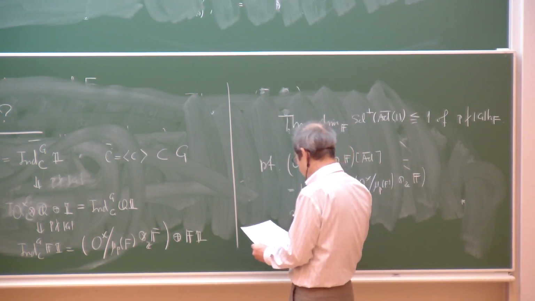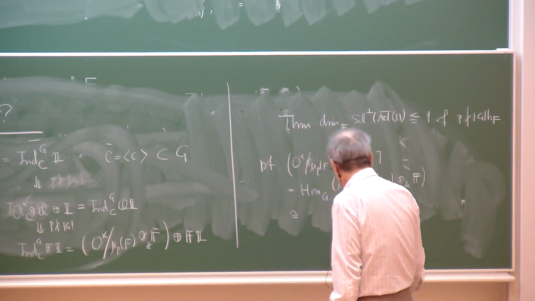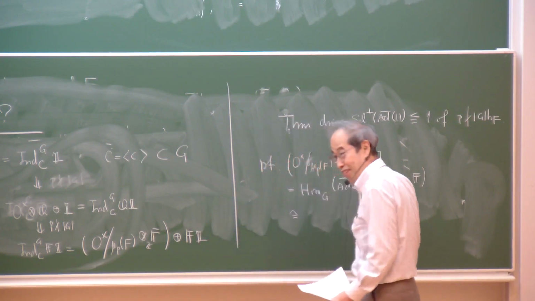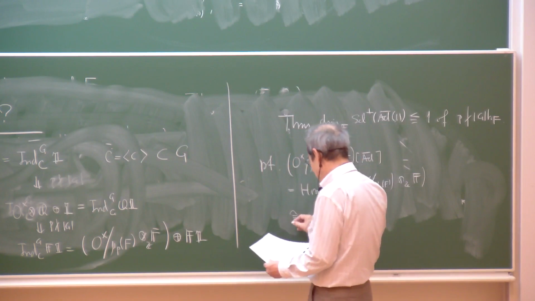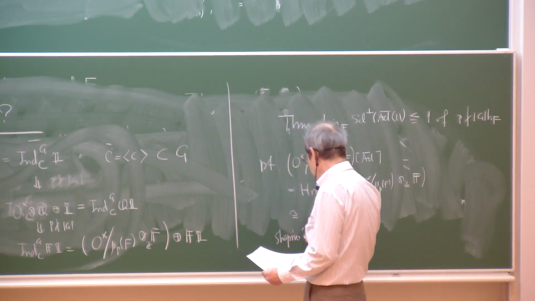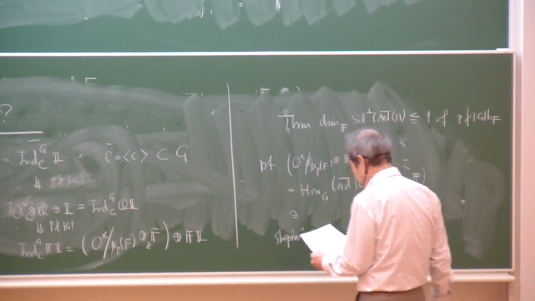Then this is isomorphic too, because this you can ignore, because this doesn't contain there. So by Shapiro's lemma, essentially, you get this form.